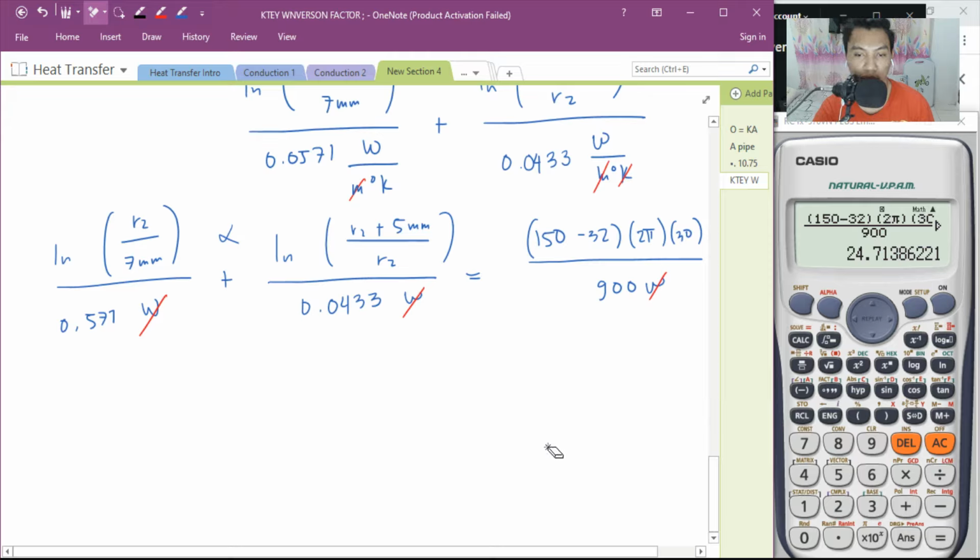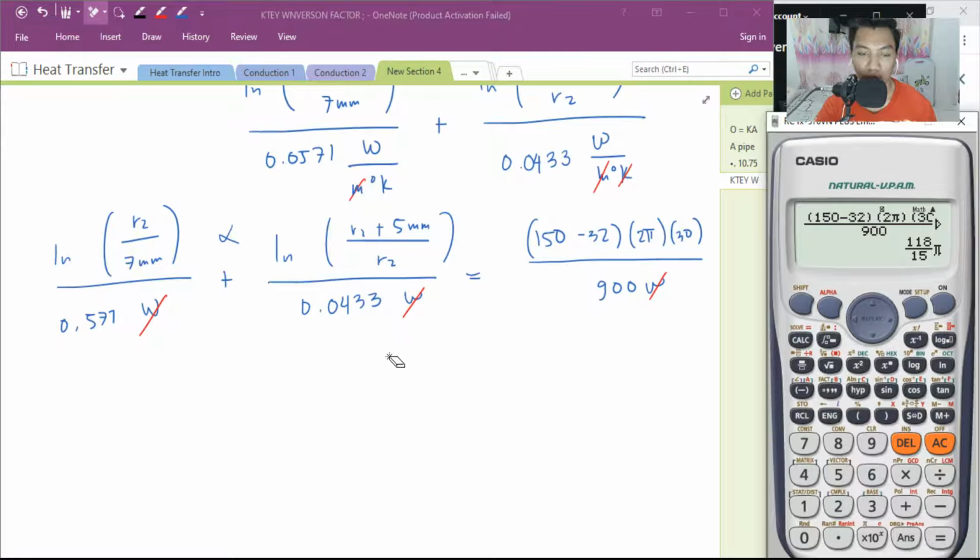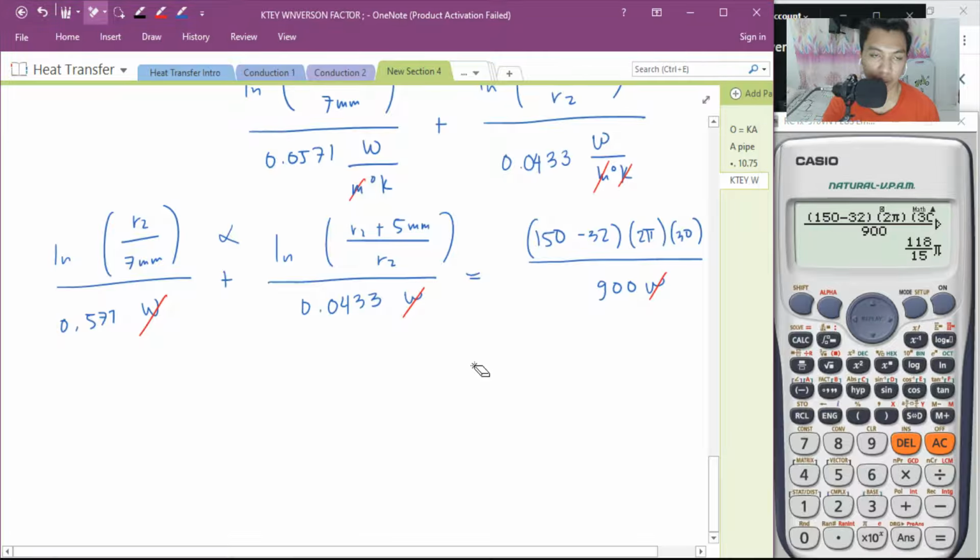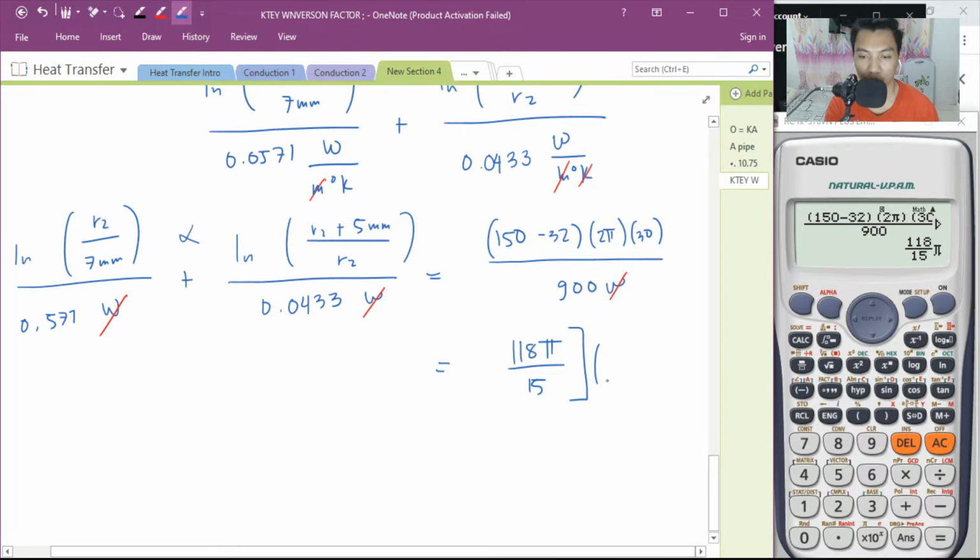Yung buo. 900. Ano ba yung kinalabasan nito? 118. Ayan. This is 118 pi over 15. Cross-multiply natin ng dalawang value. 0.571 times 0.0433.